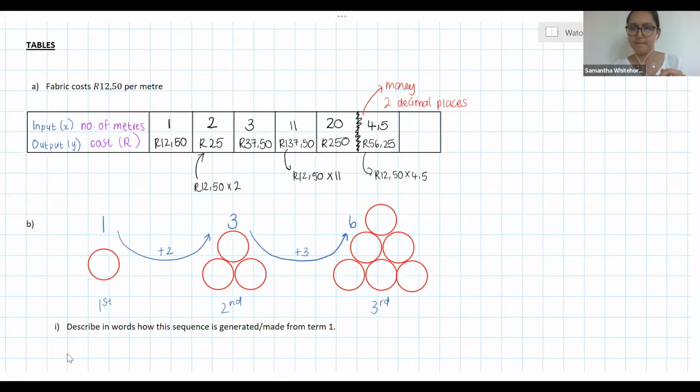Would it be wrong if you would say the number is added by what number you're on? For like the second term, we're adding 2 because we're on number 2, and then the third term we're adding 3 because we're on number 3. No, I've never actually thought to describe it like that, but that's perfectly fine. Okay, thank you, ma'am. Well done.